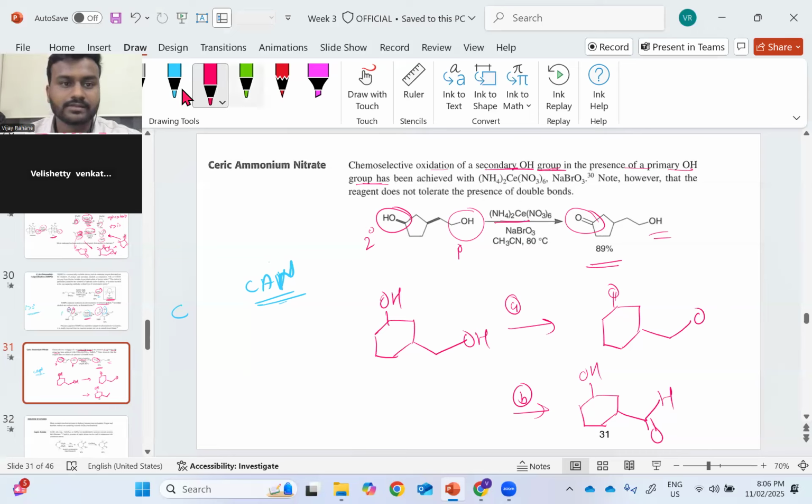Let's say this is the question: if you want this product, in which the secondary alcohol is converted into the keto but the primary remains unaffected, in this case we will use the ceric ammonium nitrate. And in the case in which we want oxidation of the primary alcohol, not the secondary alcohol, we use the TEMPO reagents. So these are some synthetic utilities of these oxidizing agents.